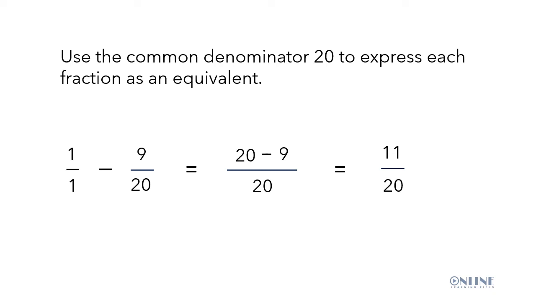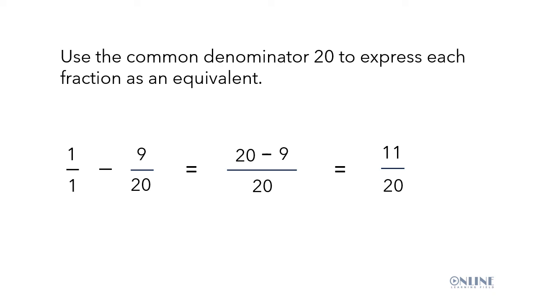The other fraction is 9/20. 20 can divide 20 once, that is 1 time. Multiply this one by 9, which is the numerator of 9/20. The answer is 9. Add this 9 to the right of the subtraction sign above the division line.